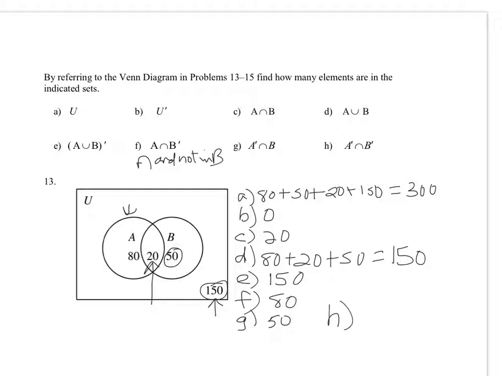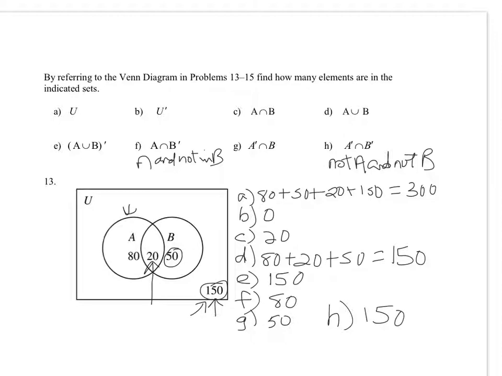And then the last one we're asked to find is the complement of A intersected with the complement of B. So this means I want what's not in A and not in B. Well, if I look at this Venn diagram, if it's not in A and it's not in B, it means it can't be inside either of those circles. And what's not inside either of those circles is this 150 right here.